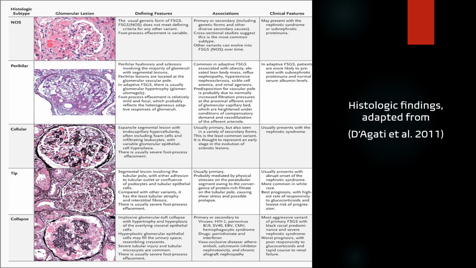So, for example, you have NOS, perihilar, cellular, tip, and collapsing, and these are the histological subtypes that from a pathology basis are used to provide histological bases for diagnoses of the types of FSGS.